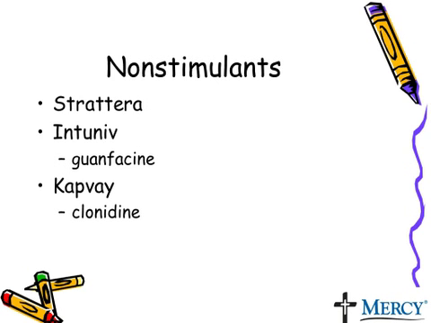It's given once a day, either in the morning or afternoon, and it can last up to the full day. It works more slowly than the stimulants. With the stimulants, you sometimes see an improvement in the first dose that's given. With Strattera, it takes 3 or 4 weeks to build up the dose.